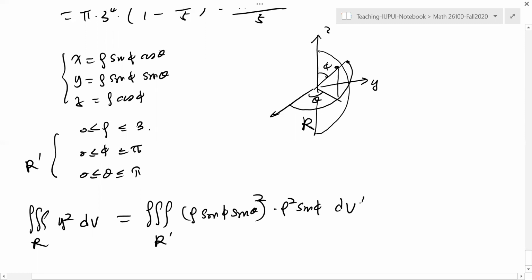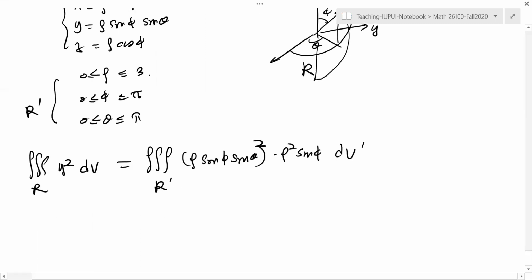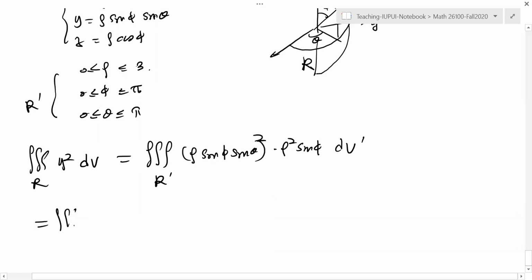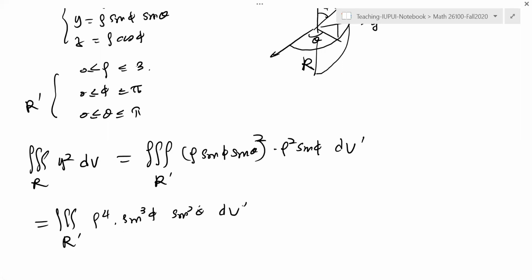Now, it turns out to be more complicated than we thought. Let's simplify a little bit. You have rho to the fourth power, sine cubed phi, and sine squared theta, dV prime. So you have to evaluate sine cubed phi and sine squared theta.